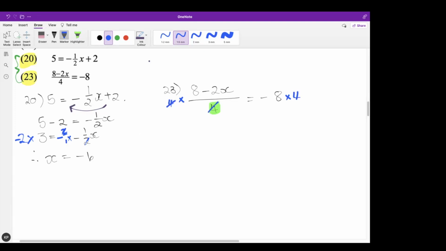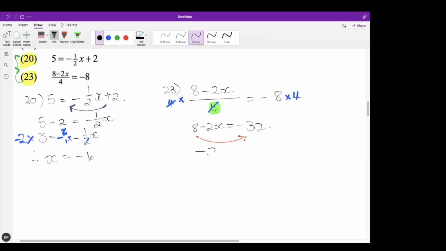And this will cancel out with that one. And I'll be left with 8 minus 2x is equal to negative 8, 16, 24, 32. Okay, now I can move my positive 8 over to that side.